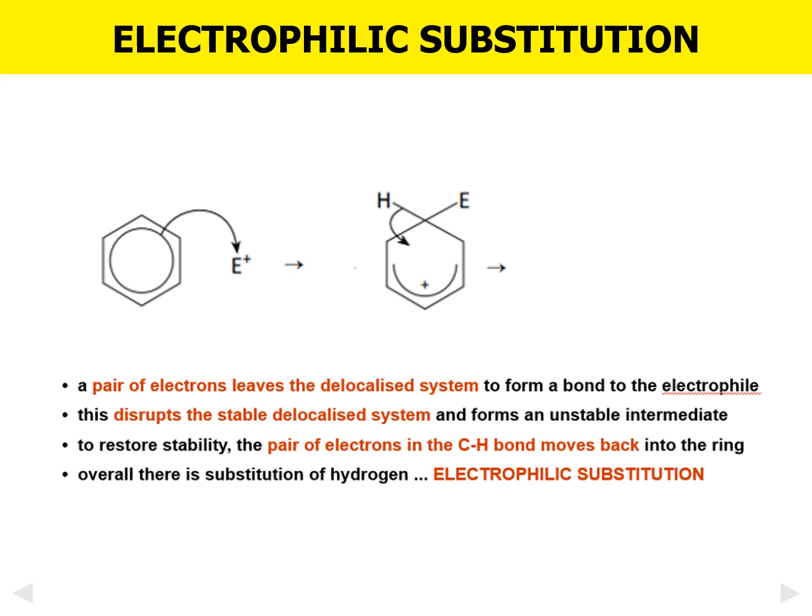That is why we have the full positive charge on the intermediate. In the unstable intermediate, the carbon-hydrogen bond breaks and the two electrons in the bond move back into the pi system, reforming the stable delocalized electron ring with its six electrons. The hydrogen is lost as an H+.